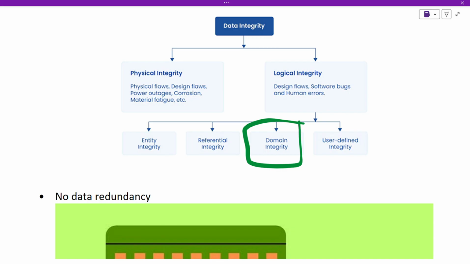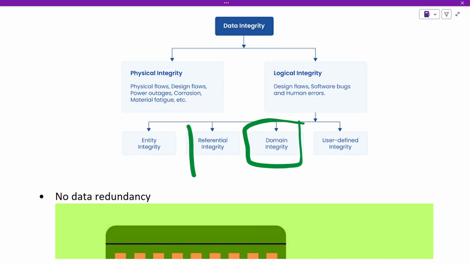We know that the value cannot be negative, so why should we allow a negative value to be inserted? We can impose a rule that if any negative value is being entered, you just throw an exception. You just don't allow that. In this way, we are maintaining a restriction on the domain from which the data can be inserted.